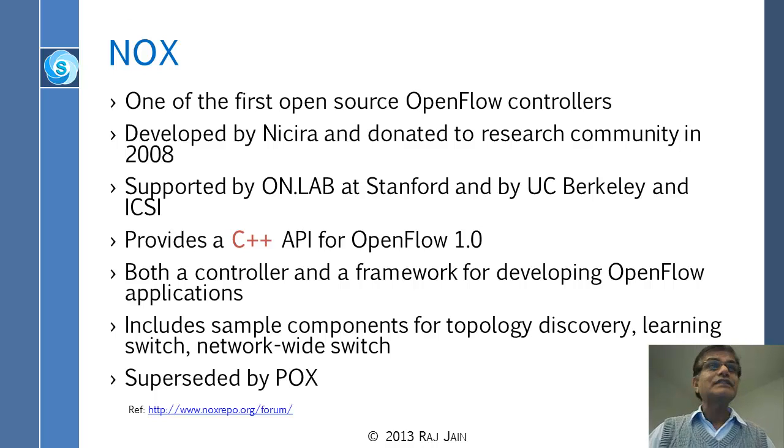Then learning switch. What is a learning switch? The normal standard Ethernet switch is a learning switch. Why? Because it learns the addresses by source learning, right? It looks at the source addresses and figures out where to send the packets. So that is called a learning switch. Network wide switch. Have you heard of network wide switch?